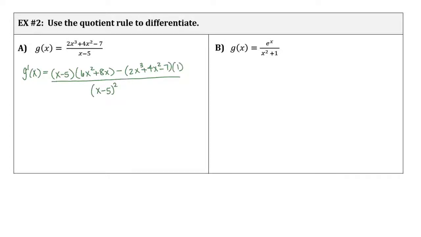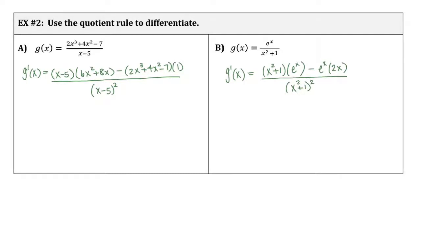And so you're going to leave it just like that. Okay, looking at our next problem, again, top and bottom here. So g prime at x equals, we're going to have the bottom times the derivative of the top. The derivative of e to the x is e to the x minus top times derivative of the bottom, and that's all over bottom squared.